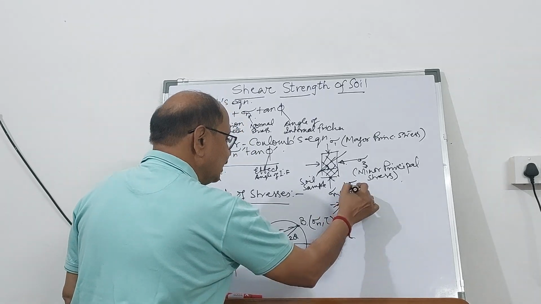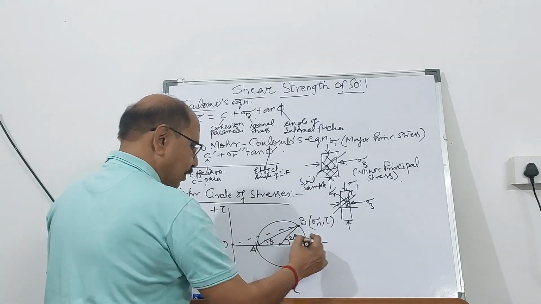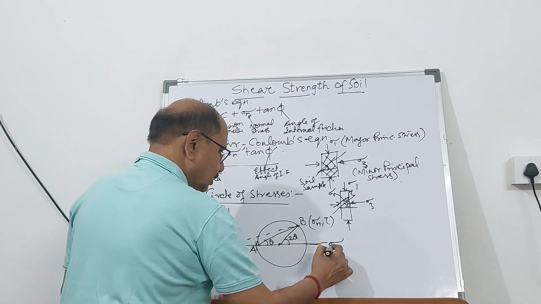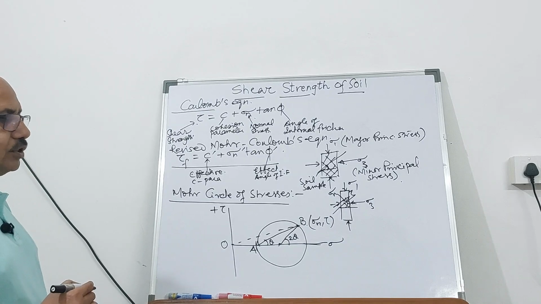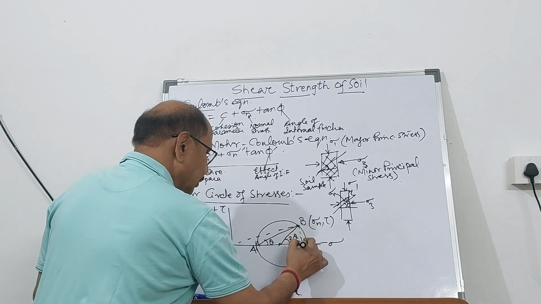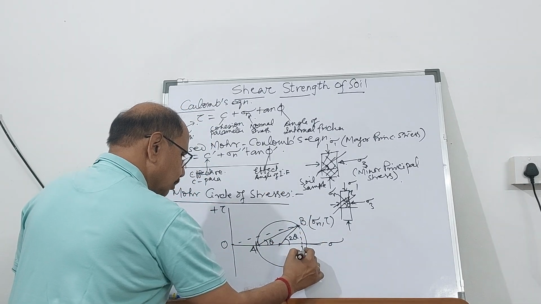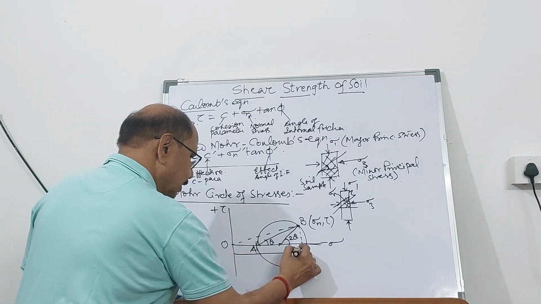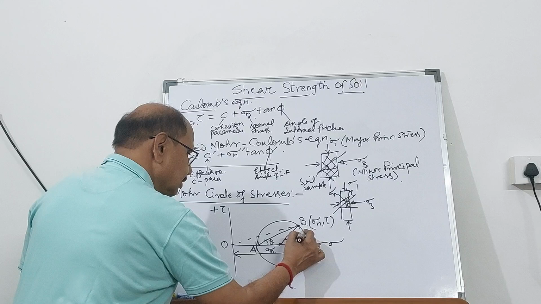So what is the mobilized shear on this particular plane, any plane, normal as well as inclined? You can draw the Mohr circle. Therefore, from this point B, if you draw a perpendicular, this is the value of tau and this is the value of sigma n.